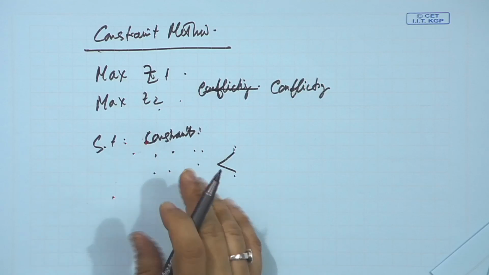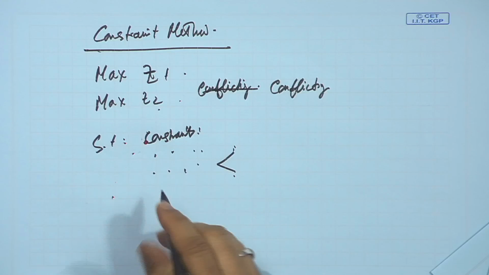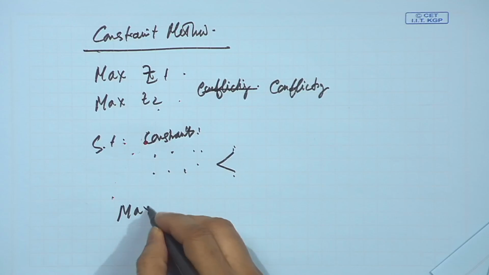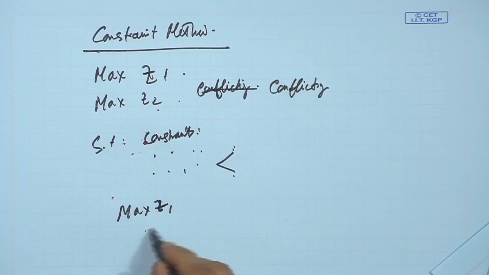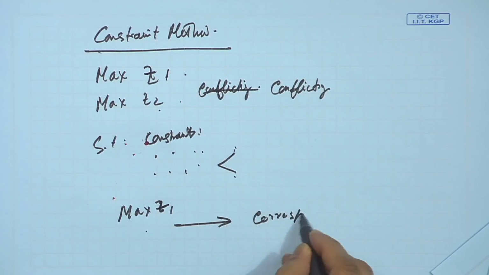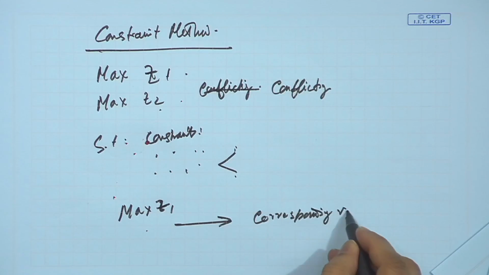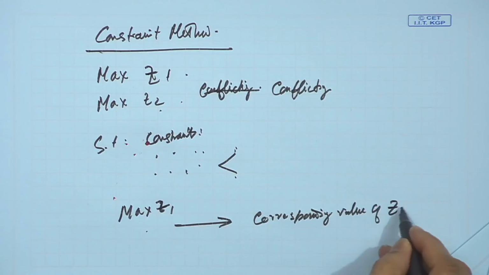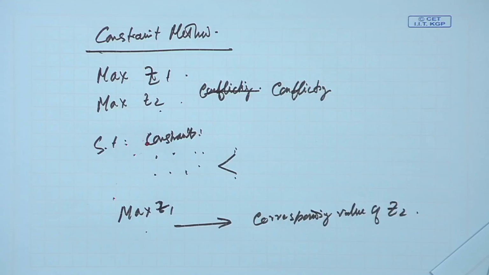One very easy way, and I think this is quite useful, is I maximize Z1 and find the corresponding value of Z2. I am not putting any constraint on Z2.